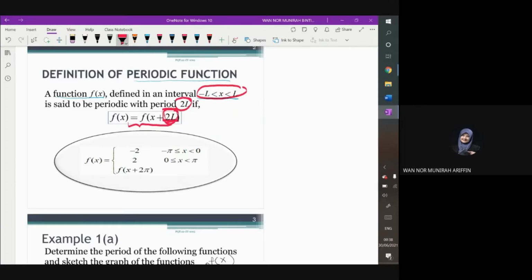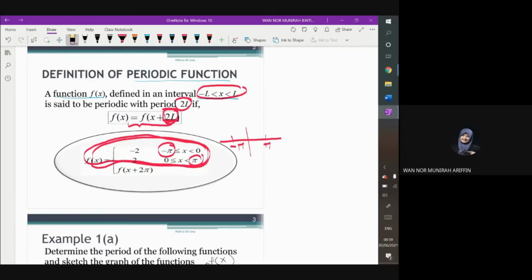So when you have from negative pi to pi, this is just f(x), a single function.